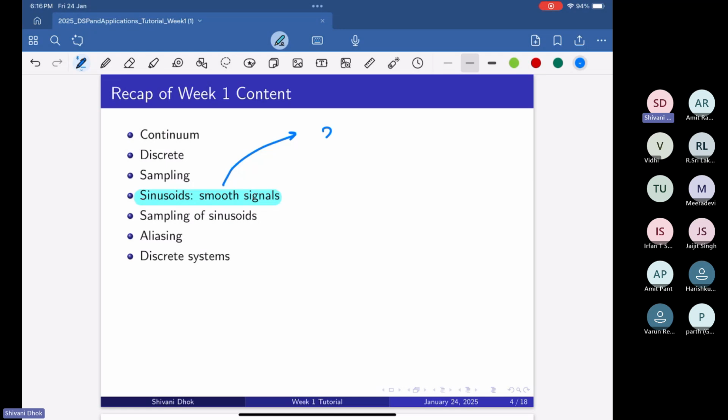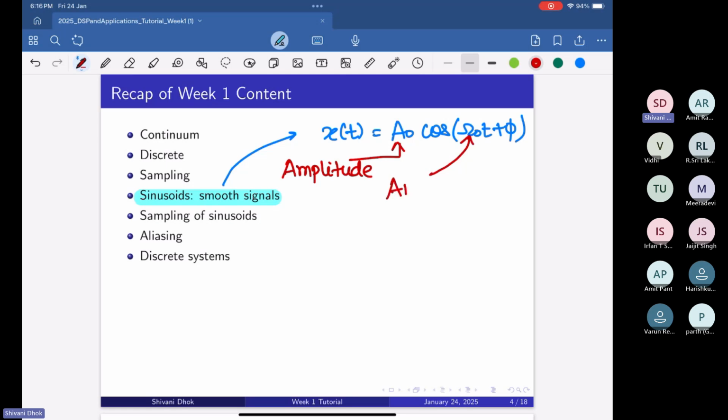Let's say that sinusoid is given by x of t equal to a naught cos of omega naught t plus phi naught. So here, this a naught is its amplitude. This omega naught is its angular frequency.